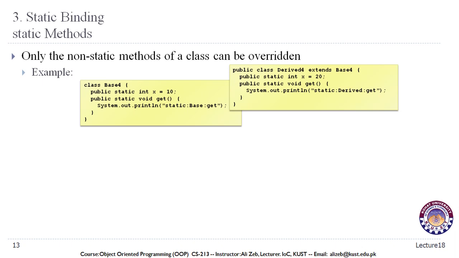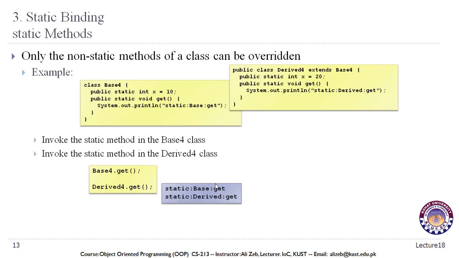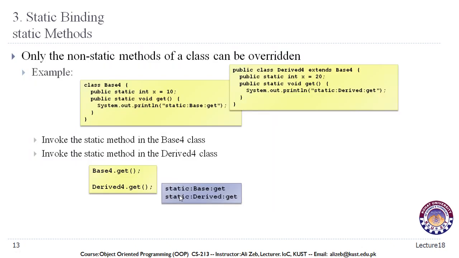We have a derived class that is derived from the Base4 class, with the static variable and the static method with the same name. Invoke the static method in the Base4 class, invoke the static method in the Derived4 class. If we run this, the output that we should get is for the respective methods of their own classes, and all because of the static keyword.